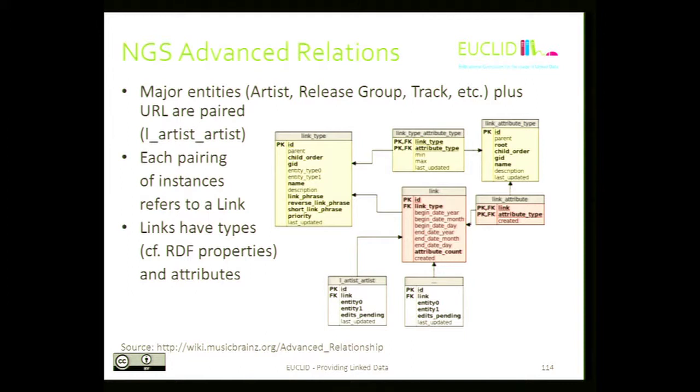So I want to say, pick either two artists, or an artist and an album, or an artist and their label, and say that there's a new type of relationship that can hold between them.